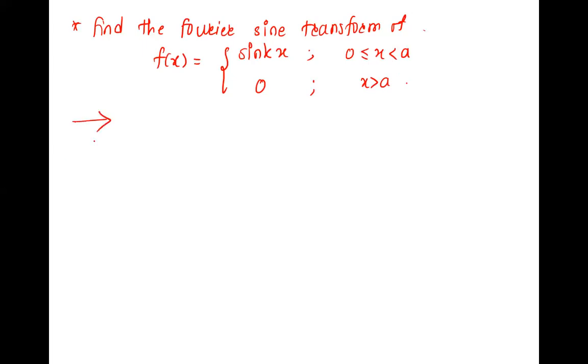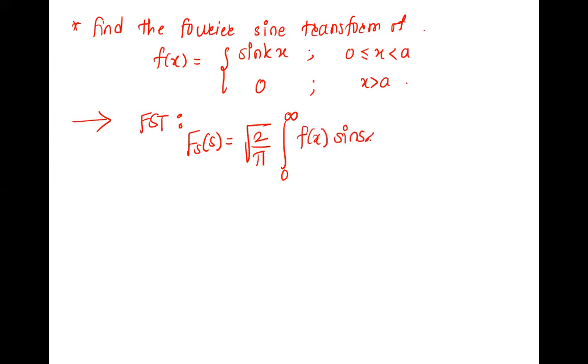Okay, once again, it is not the Fourier series, not just transform, but the Fourier sine transform, and it is defined as FS is root 2 by pi integration 0 to infinity f of x sine sx dx.